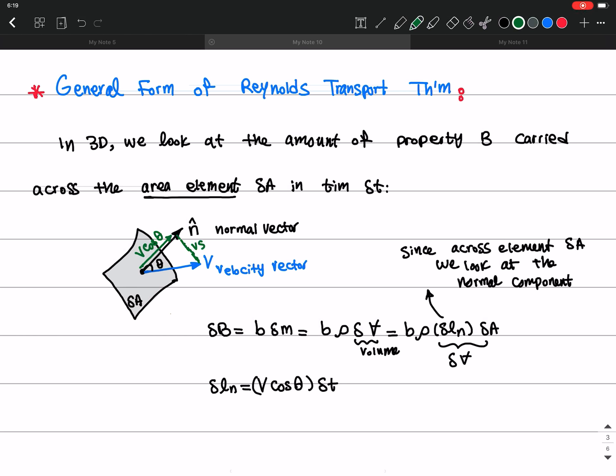This one is V times sine theta, and the other one is V times cosine theta. So if you multiply that by delta t, this gives us delta Ln, the normal component of delta L, right? So delta B is b rho. Instead of delta Ln, I'm going to write V cosine theta delta t, and then times delta A. Okay?